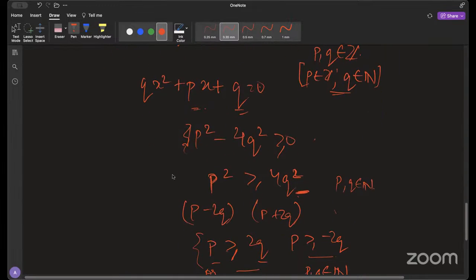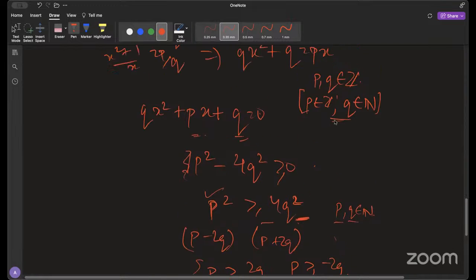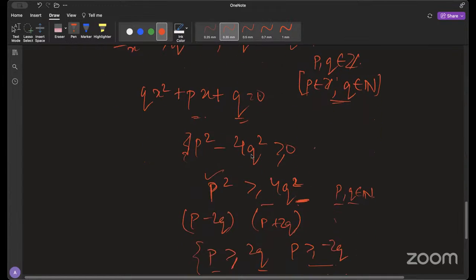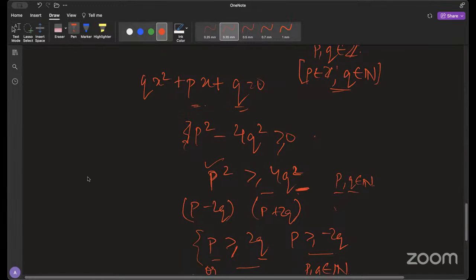And there are a lot where your P square is not, so you will get every type of natural numbers. This is also a possibility. If this is true, then your discriminant is going to be positive, so this will lead to a real solution of this equation, right? But there are P and Qs such that your P square is actually less than 4Q square.